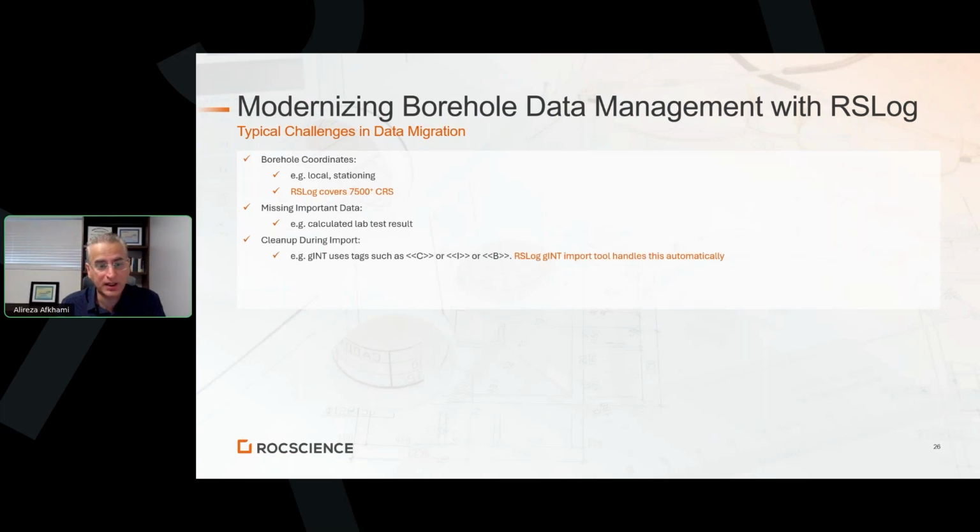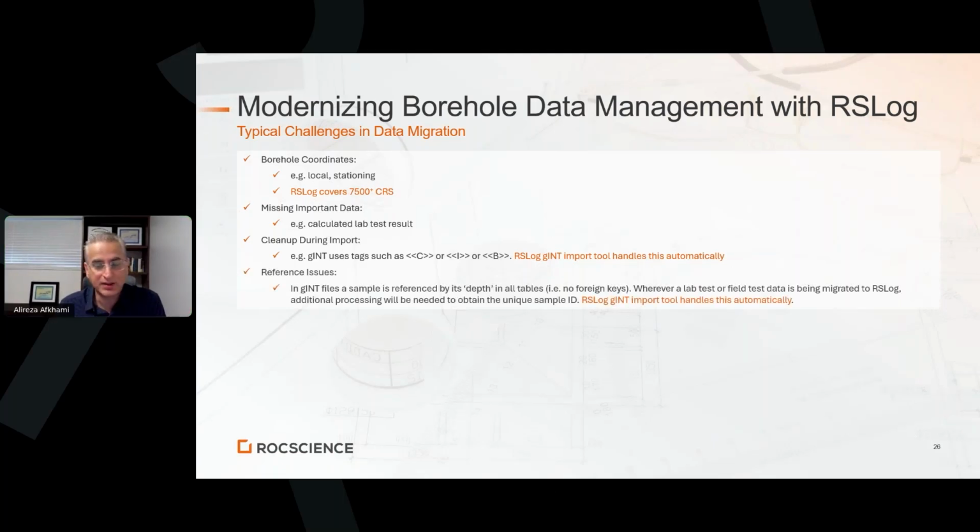Or cleanups during import. In gINT, for example, it was very common to use tags for styling and text alignment. But if you keep these when you import data, then all your lithology descriptions can be full of these tags. RSLog will automatically take care of these and do the cleanup for you. And then reference issues.